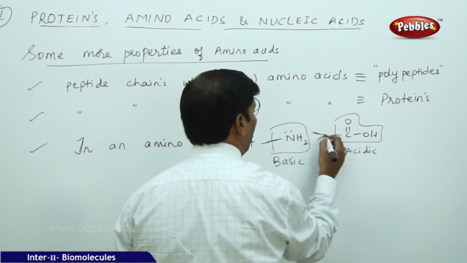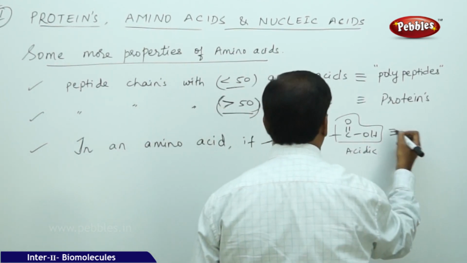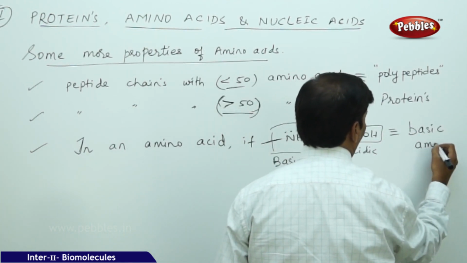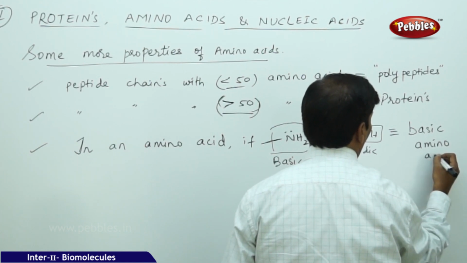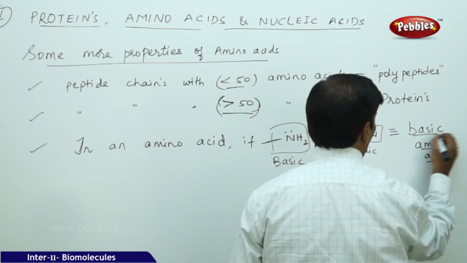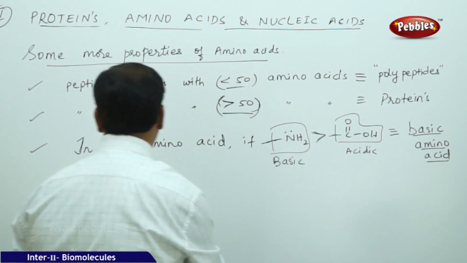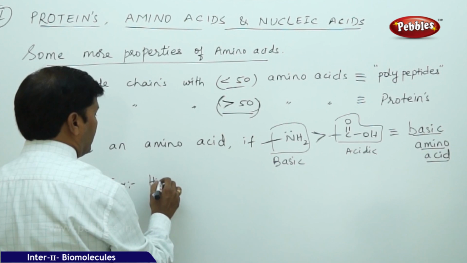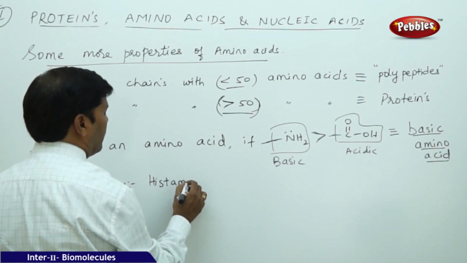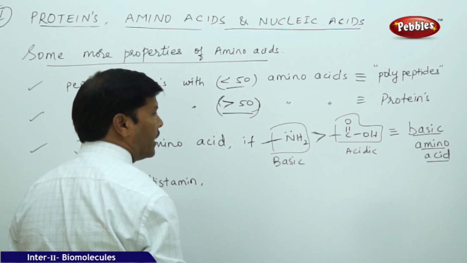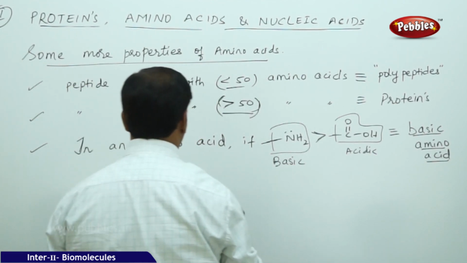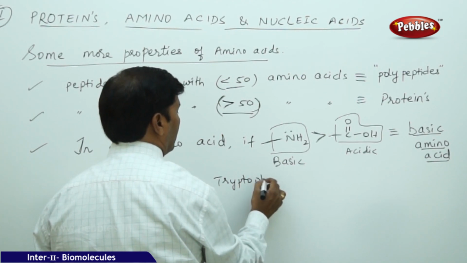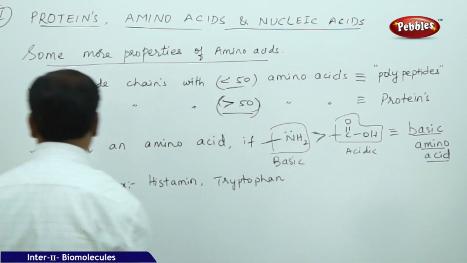So overall the amino acid is going to become a basic amino acid. Examples you can take: histamine, tryptophan are the best examples of basic amino acids.